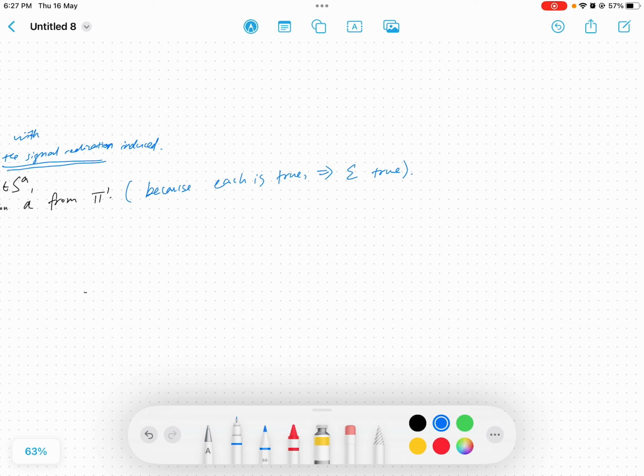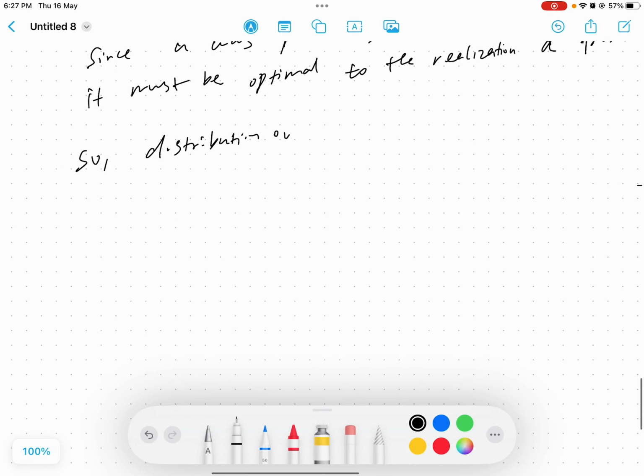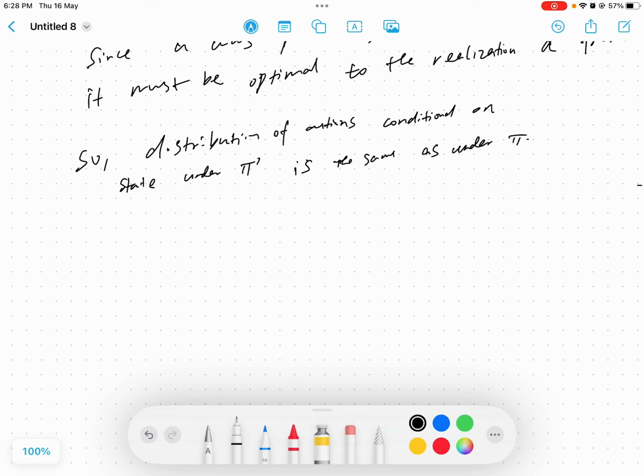Okay. All right. So the distribution of the actions conditional on the state under pi prime is then the same as the one under pi, right?